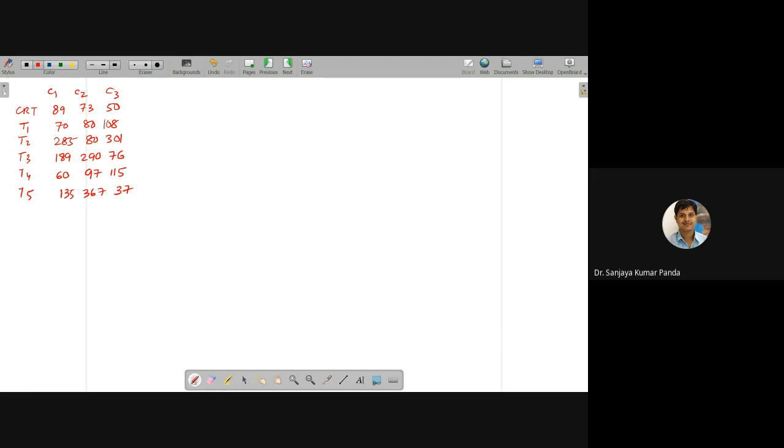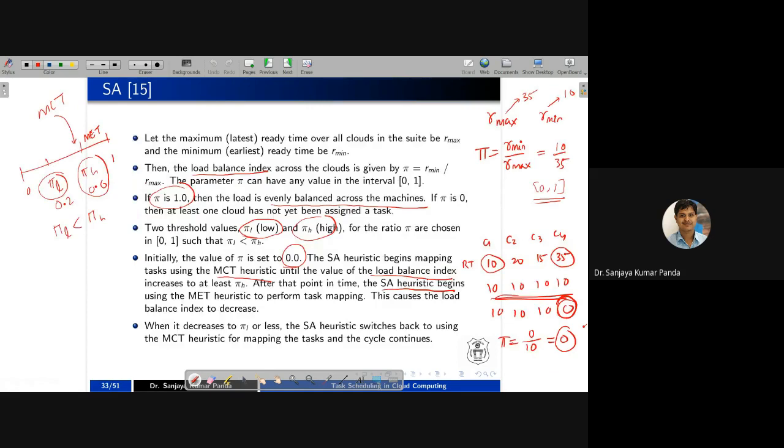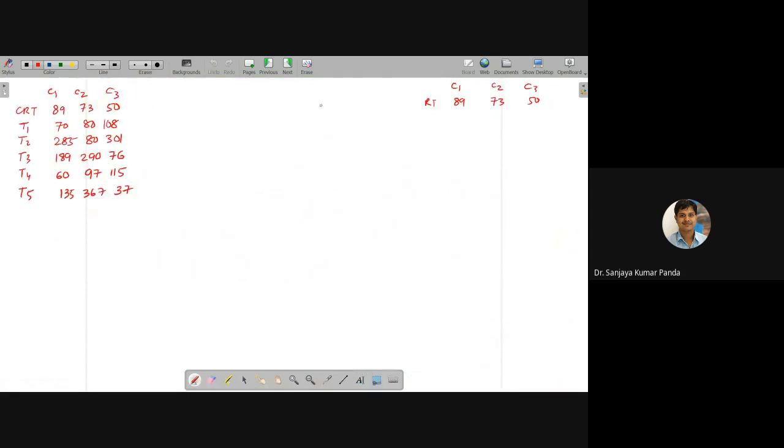Now, I'm taking C1, C2, C3 here. The ready times are 89, 73, and 50. You need to calculate pi, right? Pi is nothing but Rmin by Rmax. So pi is equal to Rmin by Rmax.